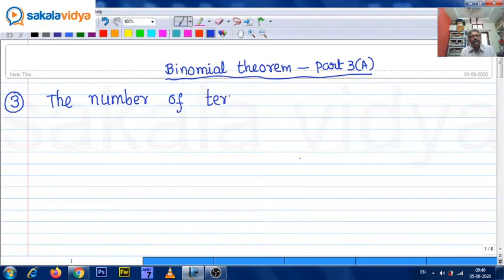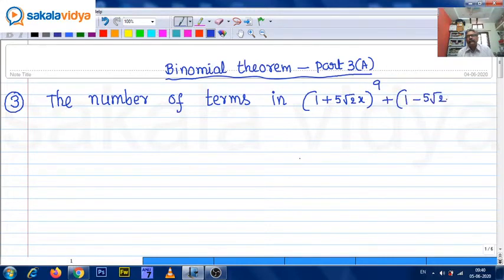The number of terms in (1 plus 5 root 2 x) whole to the power of 9 plus (1 minus 5 root 2 x) whole to the power of 9, where x is positive, x greater than 0, is: first option 3, second option 5, third option 4, fourth option 6.